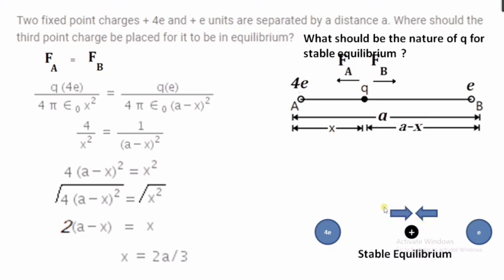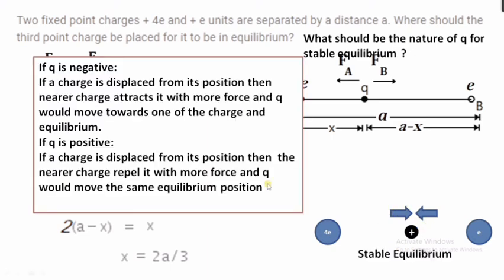So if the charge is positive, then the system will be in equilibrium. So this charge must be positive for the fixed charge. So for free charges it should be negative. So in previous question it was negative, but out here we are getting positive because these two charges are fixed.